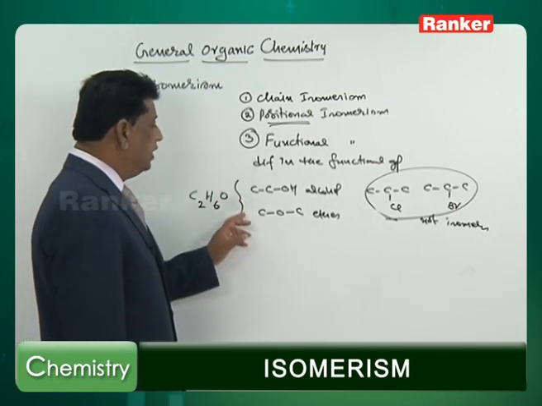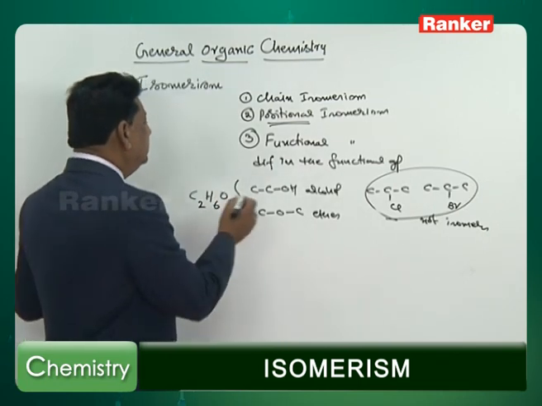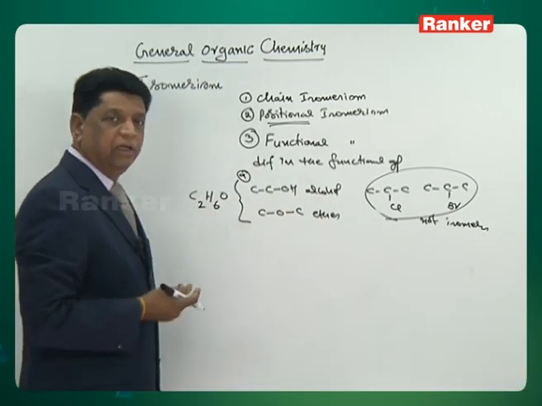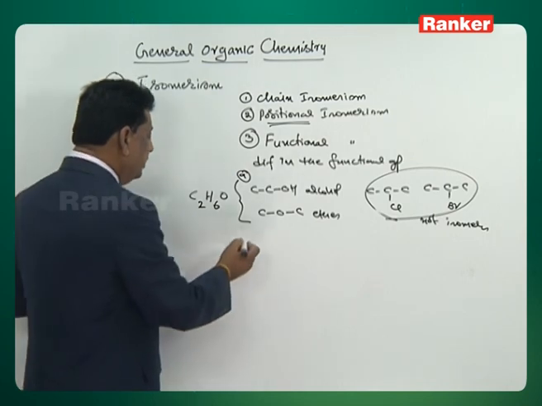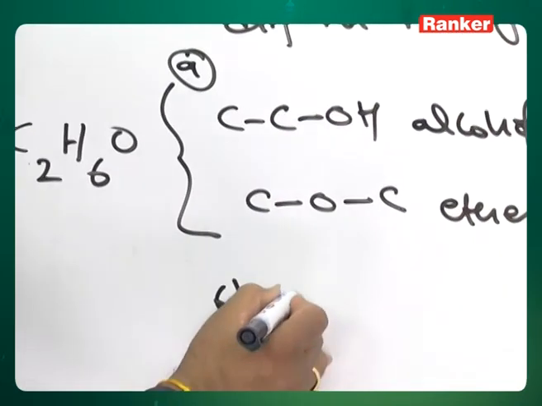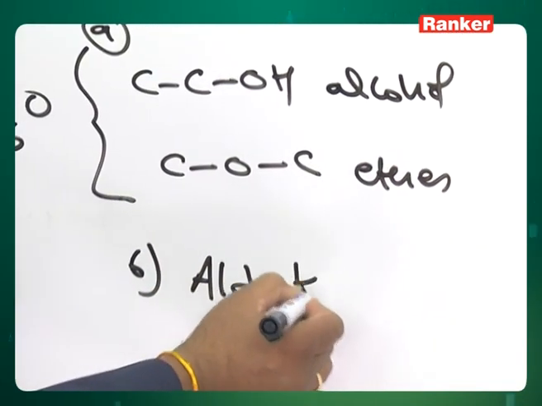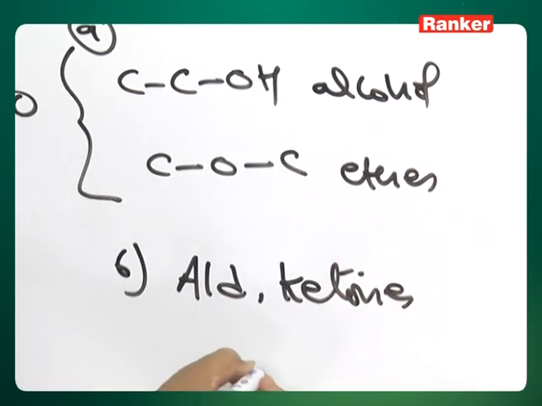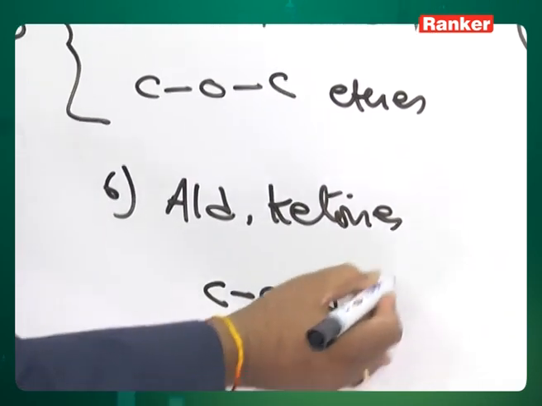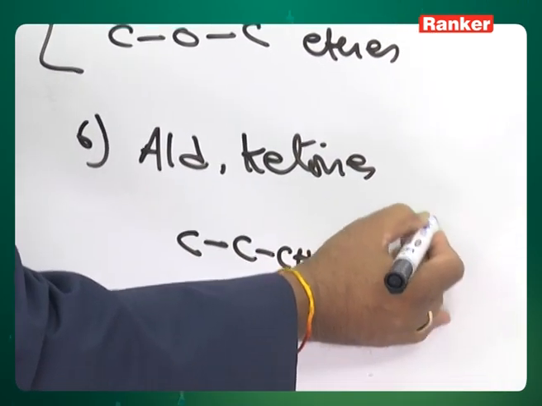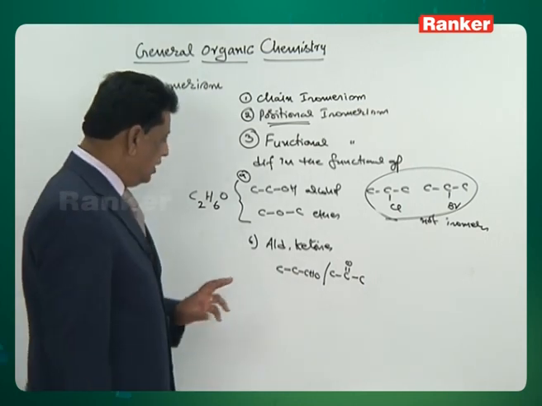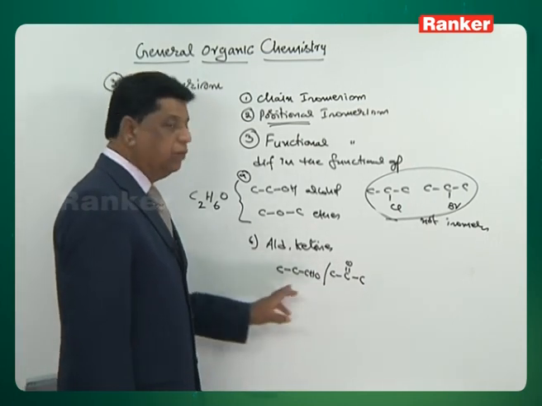So this type of functional group should be different. This is the simplest example for alcohols and ether making functional isomerism, right? Similarly, aldehydes and ketones make functional isomerism, for example propanaldehyde and propanone. Both come under the same chapter actually, carbonyl compounds, but they are subgroups.